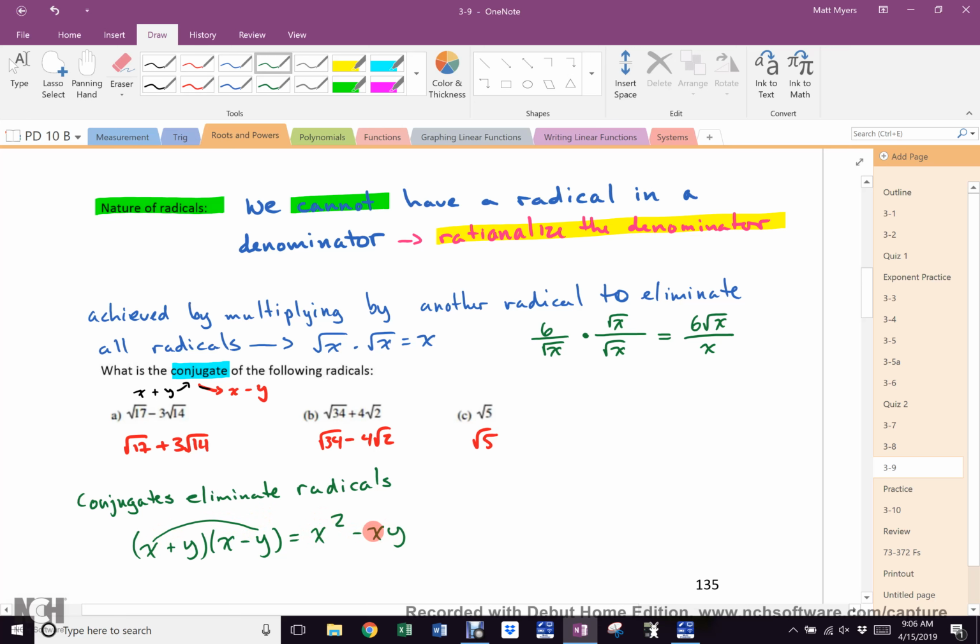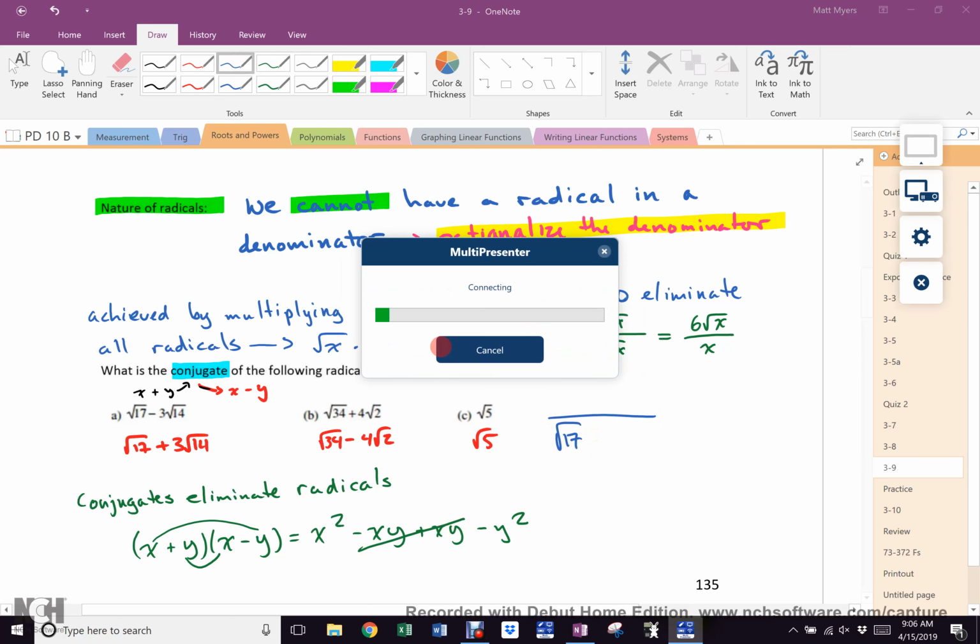Negative xy. What's y times x? Positive xy. And what's y times y? Minus y squared. What happened to the x and y's? They disappear. Everybody understand?